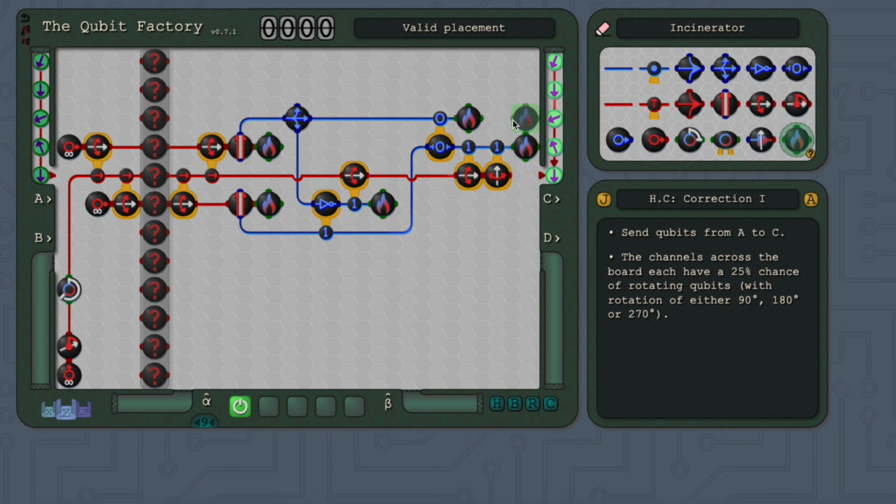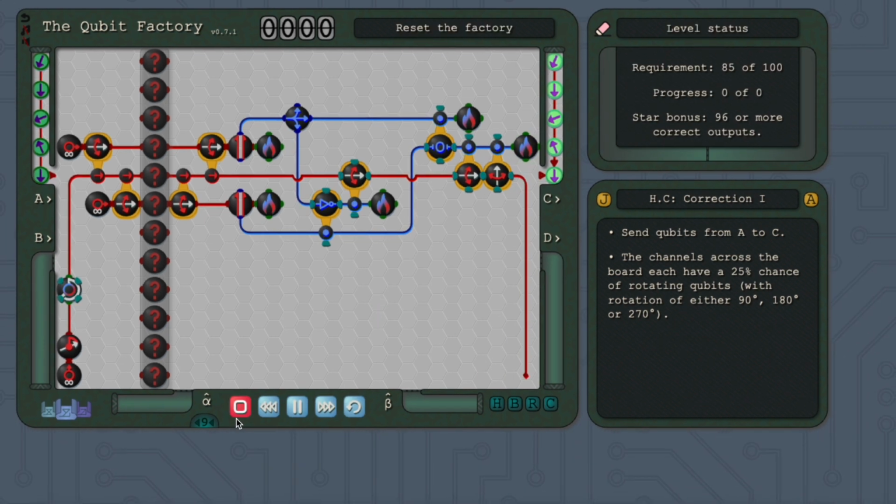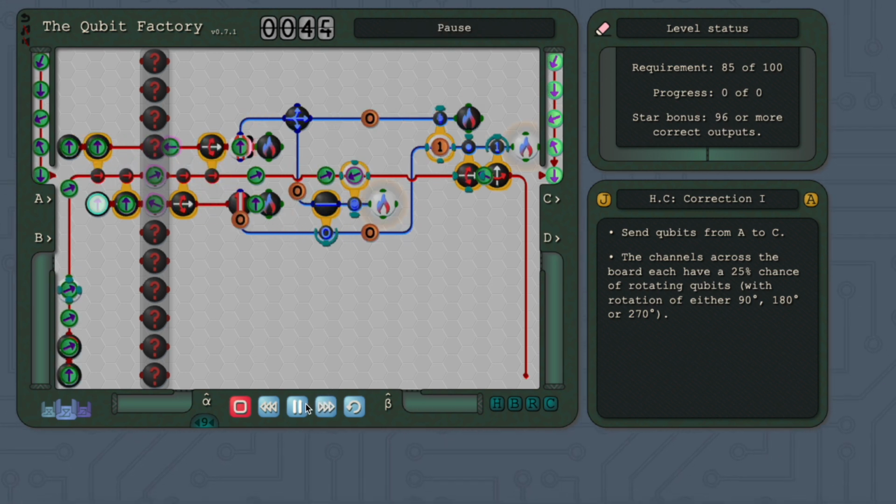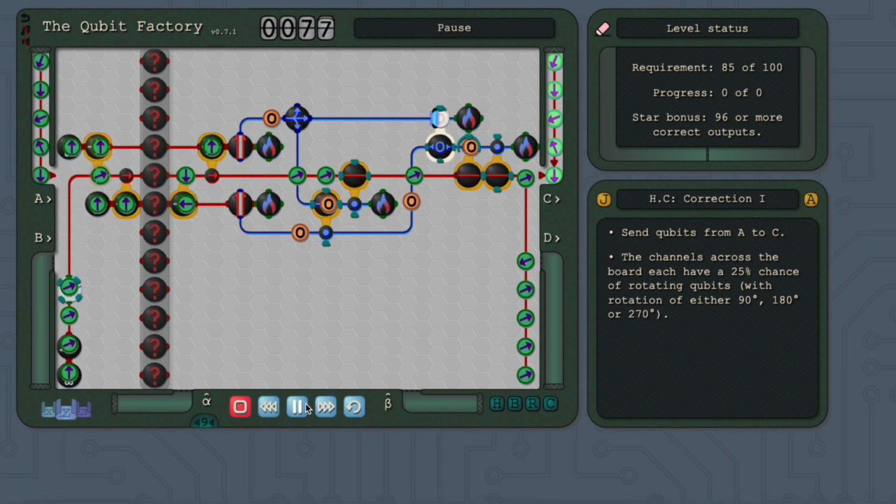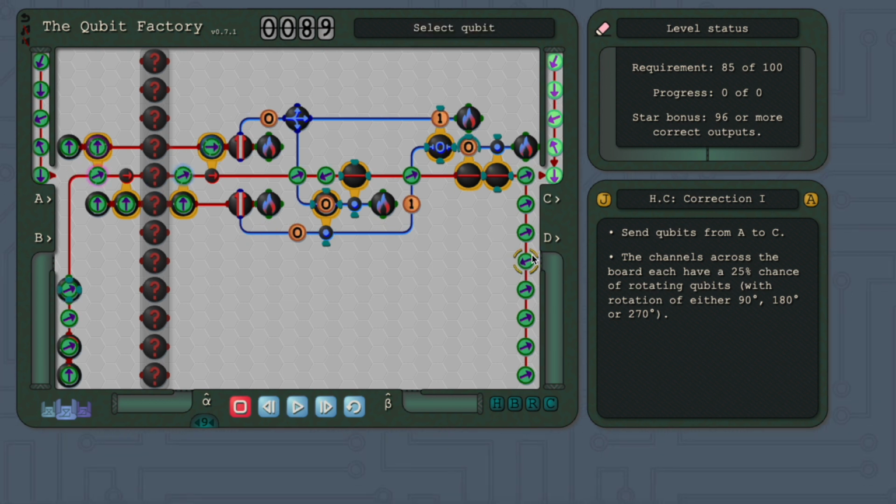Okay, so let's just see if this works. If this is working correctly, all of my qubits, or most of them at least, should return to this initial rotational state. So qubits come in, and indeed some of them are still wrong, but most of them look like they're working out correctly.